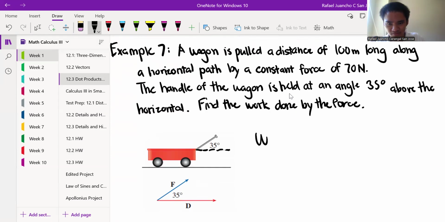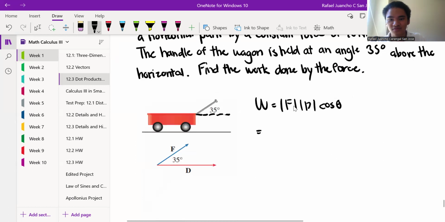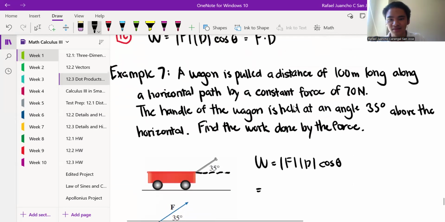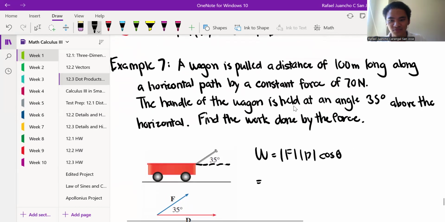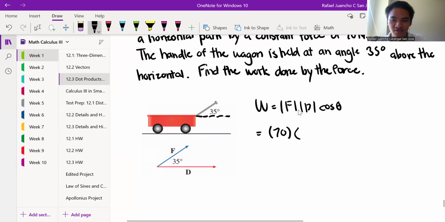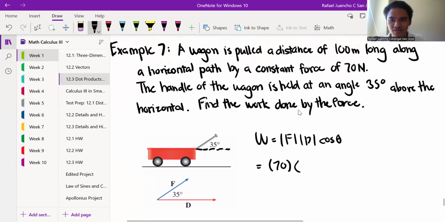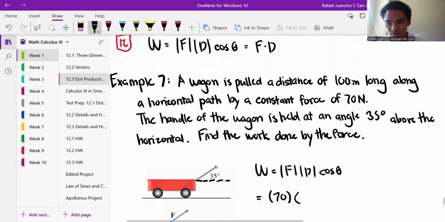Our work done is the length of vector F. And what's the length of vector F? We have it, which is 70. What's our distance, or the length of vector D? And it says here it's 100. Pulled a distance of 100 meters along a horizontal path. So we're going to make use of that.